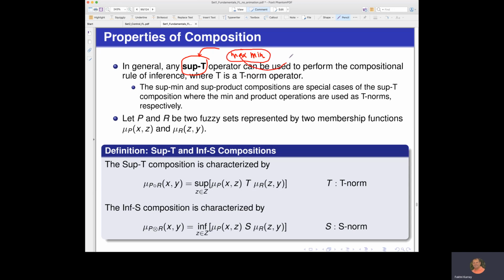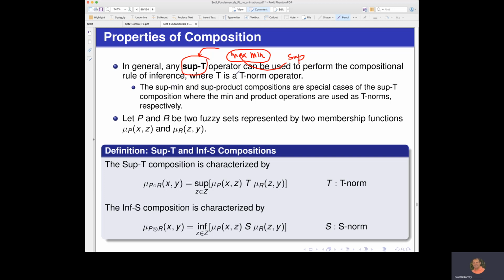Of course, max is exactly the same as the supremum in the context of this course. Although mathematically speaking they are not exactly the same, in the context of fuzzy logic systems and this course, max or sup are exactly the same.